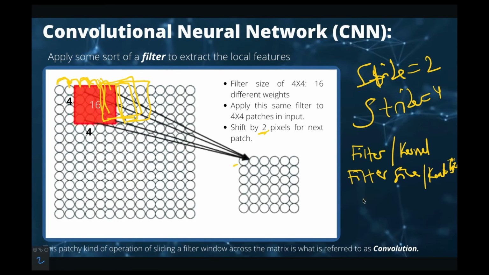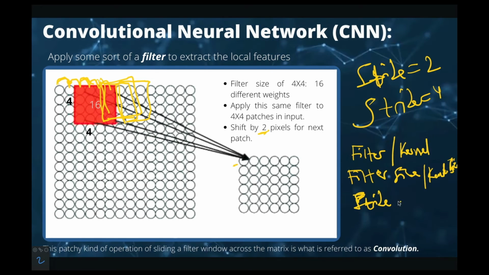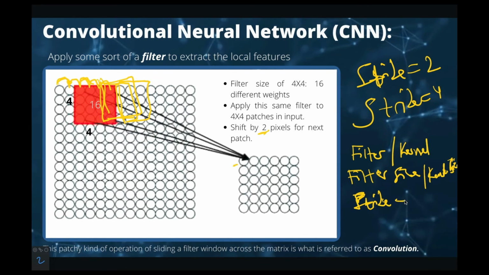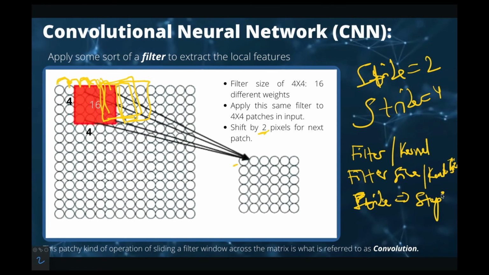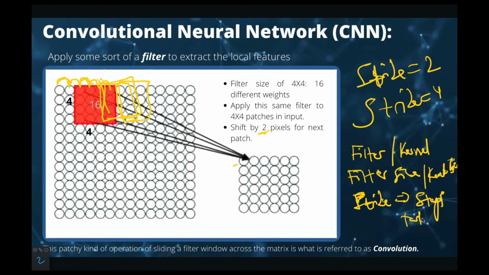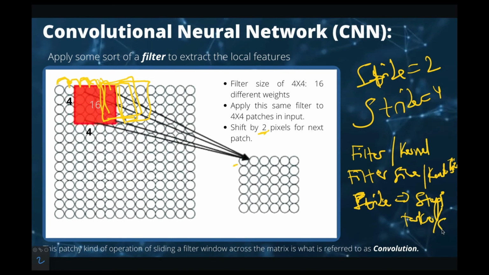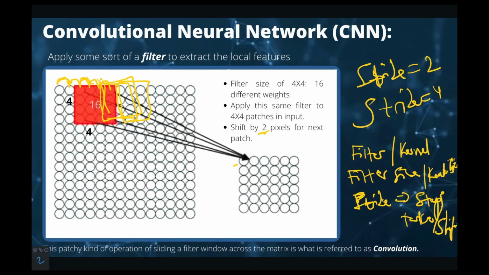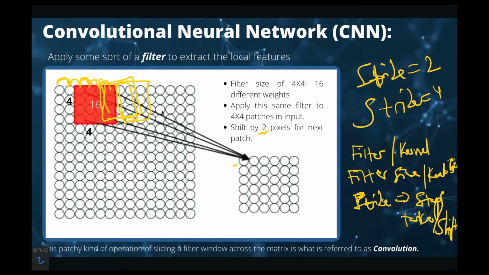And then we also got to know what stride is. The stride is nothing but the steps that you take. That is how you move, you shift around, so the steps or the shift. How you shift this filter around is the stride.